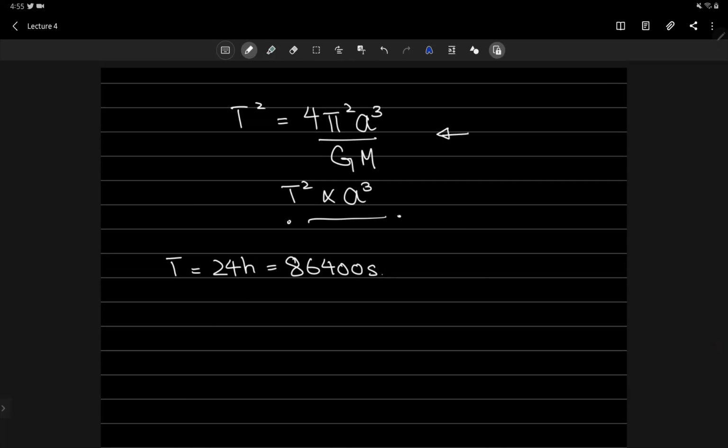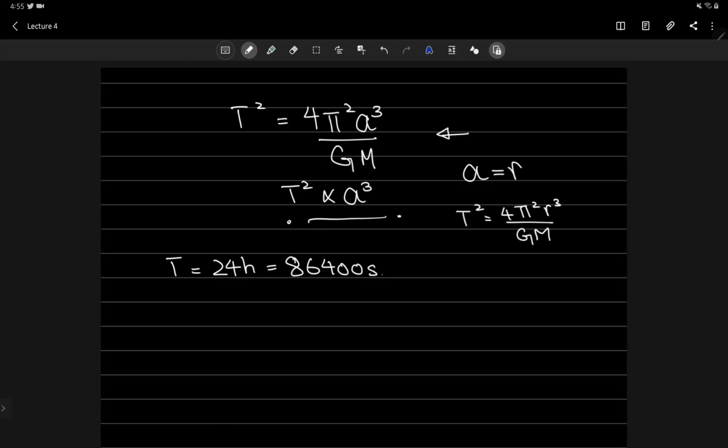And what I have to do is first write this in terms of the height, or I'm sorry, in terms of the radius. So we can make an assumption कि जो हमारे पास a है, it is r. So we can write t squared is equal to 4 pi squared r cube over g m.